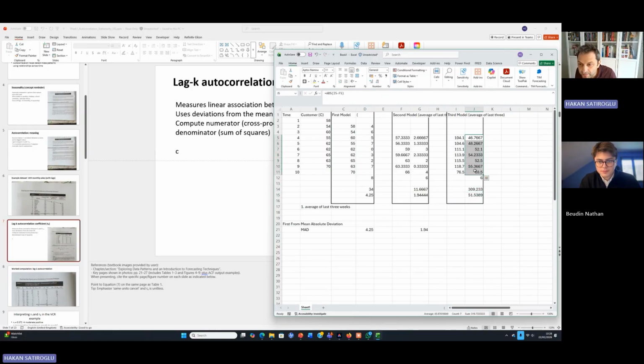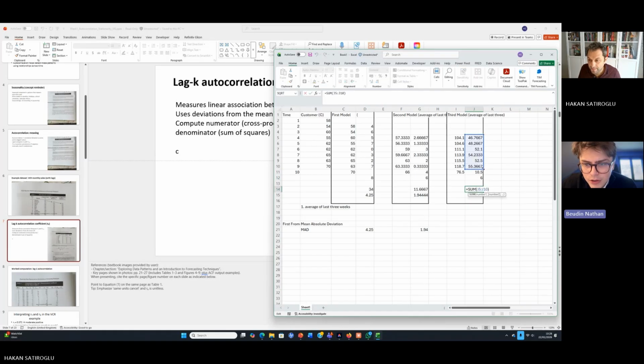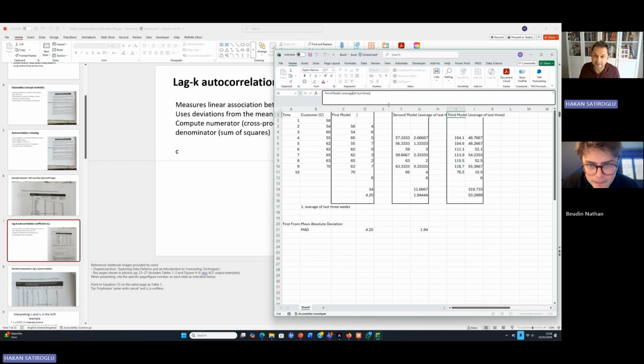So why do they sum to 309, 309? Okay, 6 is here as well. Why do we have 6? You wrote third model average of last three, but it's average of last 6, isn't it? Actually, it's not average. This is weighted. Oh, weighted average.